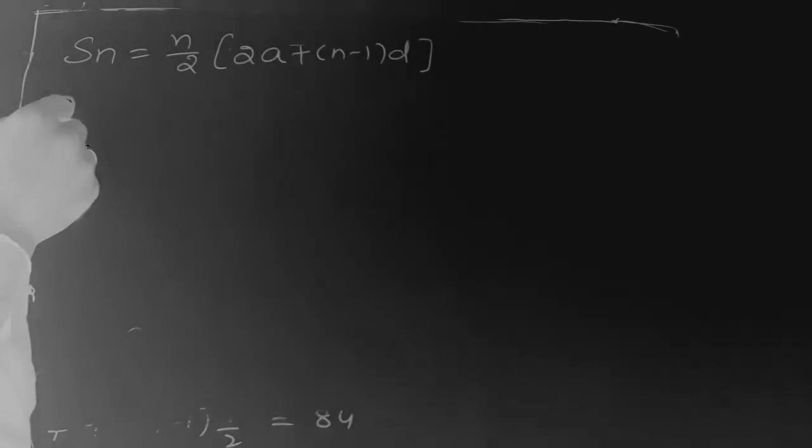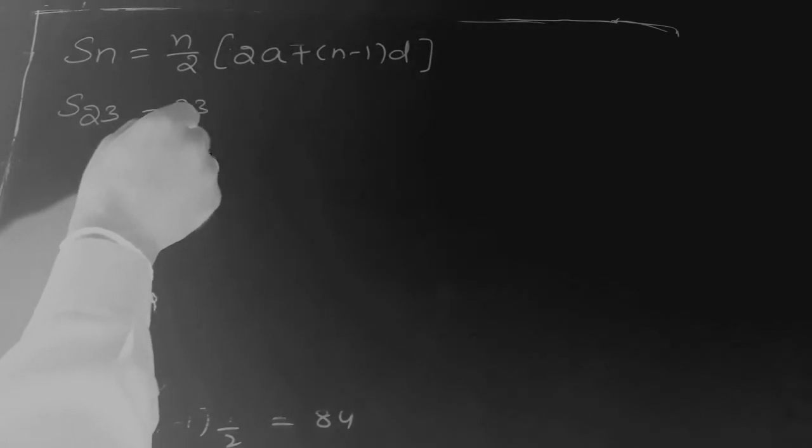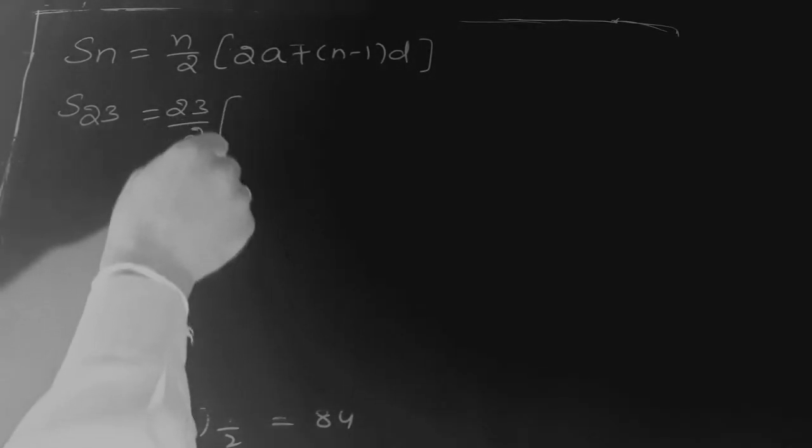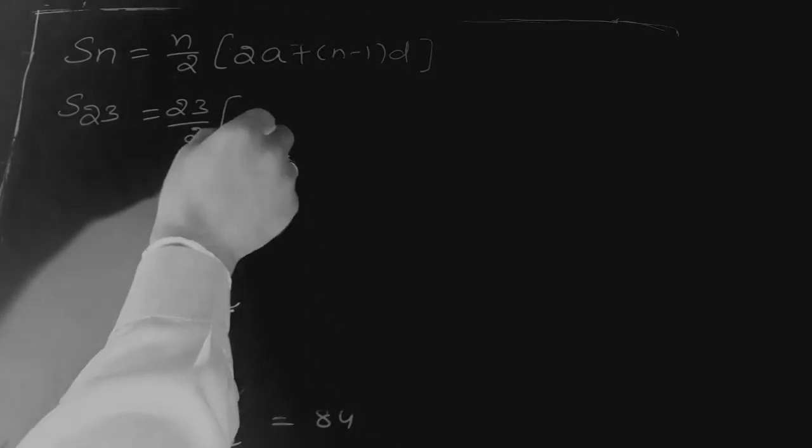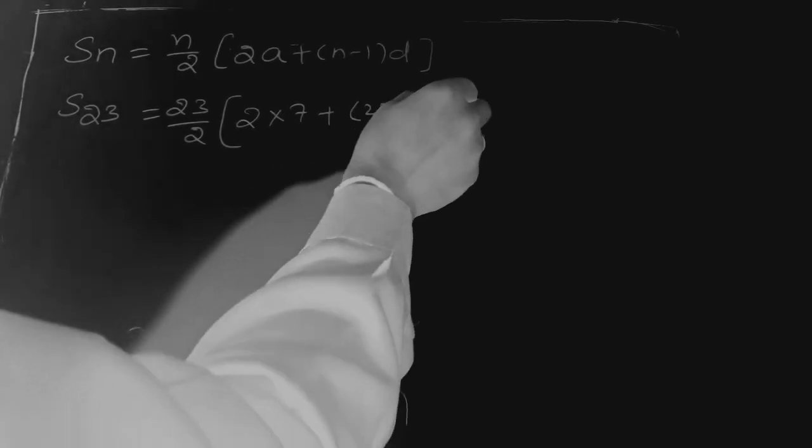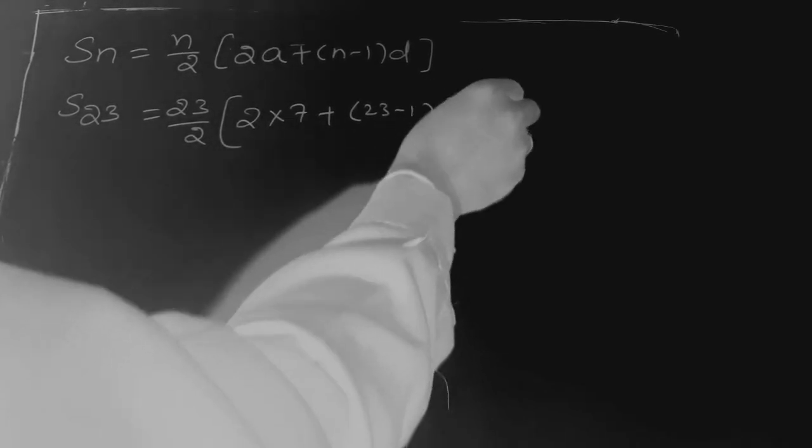Sum of n terms of an AP series, where n is nothing but 23 terms are there. So 23 by 2 times. First term is nothing but 7. 23 minus 1. Difference is nothing but 7 by 2.